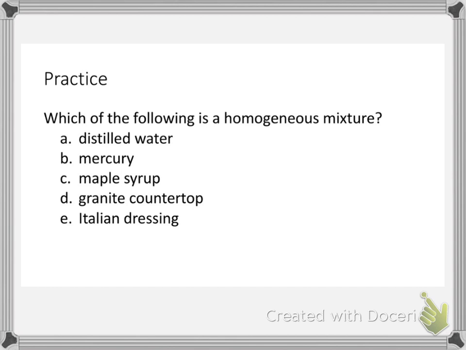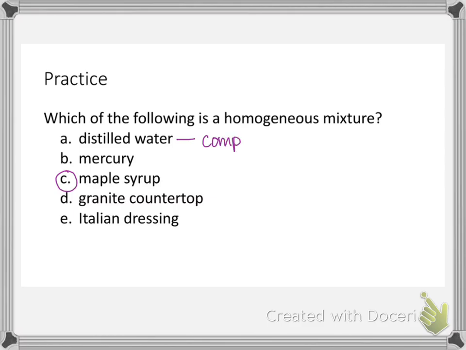All right, so again, read the question and then pause it, try to answer it, and then I'll answer it. So which one of the following is a homogeneous mixture? So homogeneous is uniform. And on this list, the thing that's uniform is maple syrup. So distilled water is not a mixture at all. It's pure water.